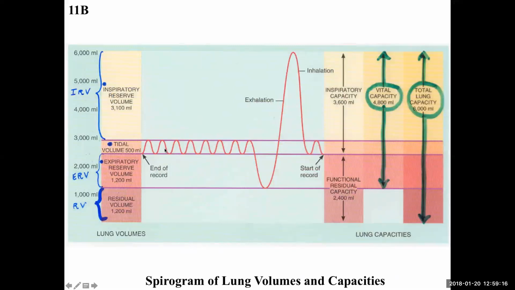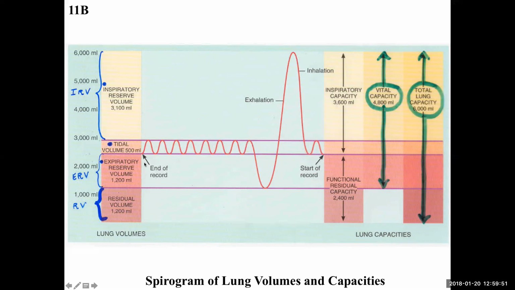Again, this is the amount of air moved in or out of the lungs during one respiratory cycle at rest. We also have the expiratory reserve volume, or the ERV. This is the amount of air that could be voluntarily and forcibly expelled. In other words, what we can voluntarily force out. And this is about a liter. So you can see that here, the ERV is about 1 liter.